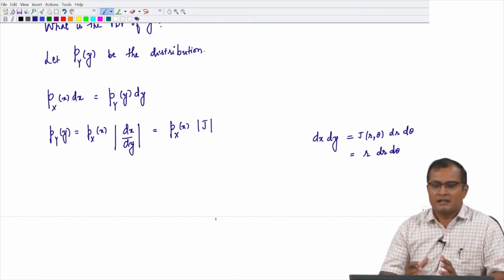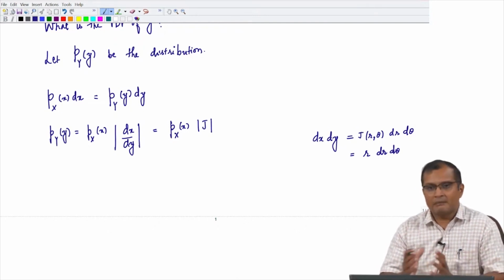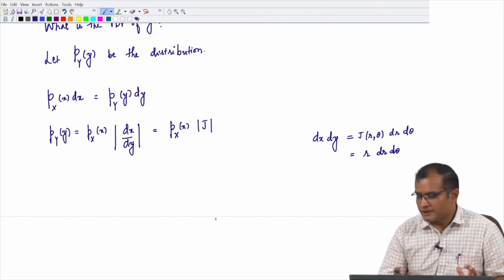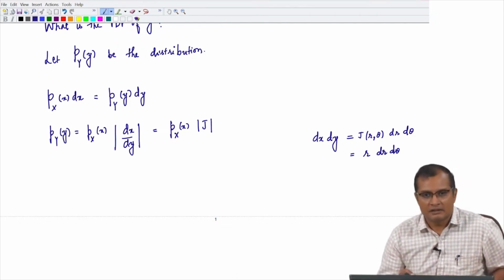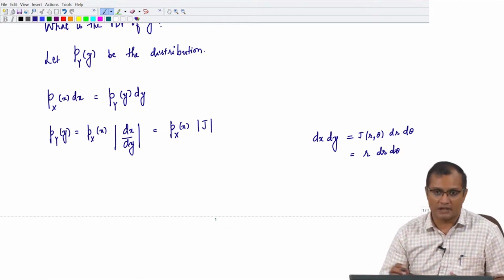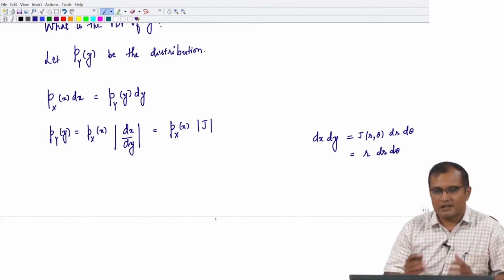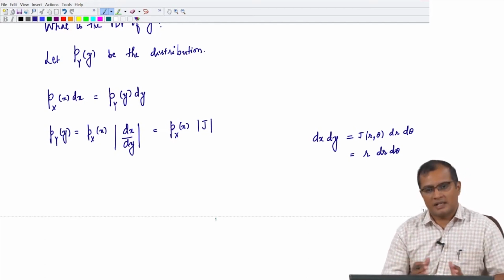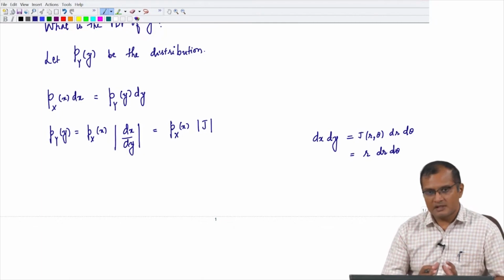Now, the area matches dimensionally on both sides, and the amplification factor is nothing but the radial distance r, which is the Jacobian of the transformation. And if the transformation between new coordinates and the old coordinates is canonical, then the Jacobian is unity.